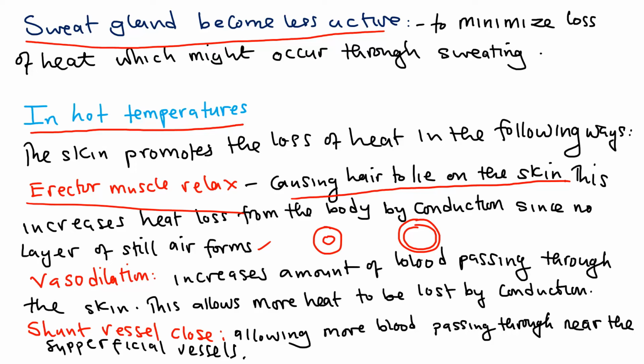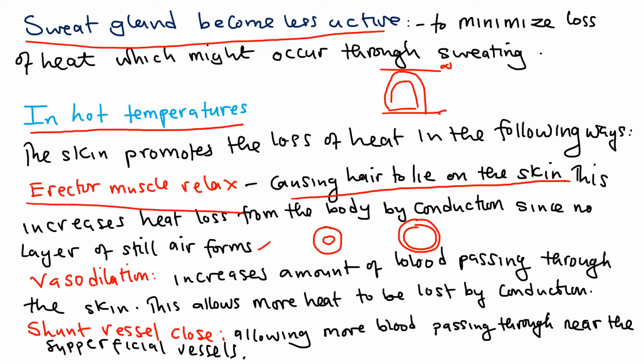Then the shunt vessels this time around are the ones that close. We say the shunt vessels are the ones that are on top. We have the superficial vessel down here. The shunt vessels are here near the skin. Okay, the shunt vessels close, please.